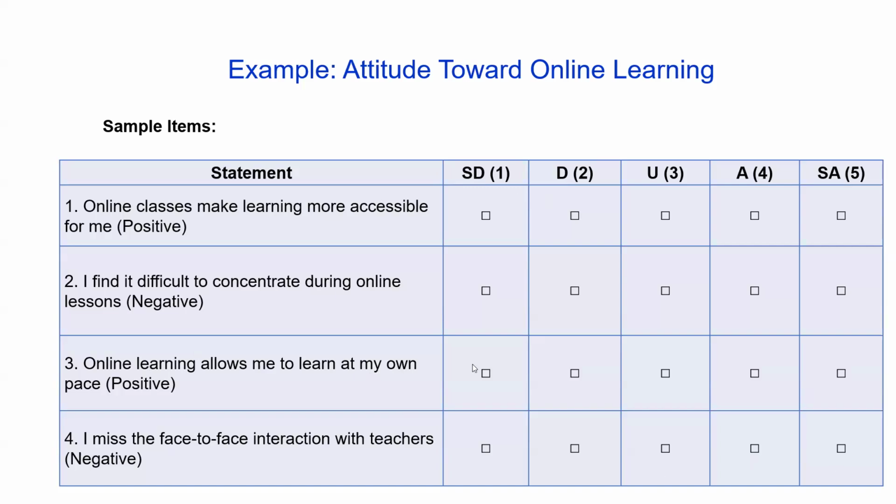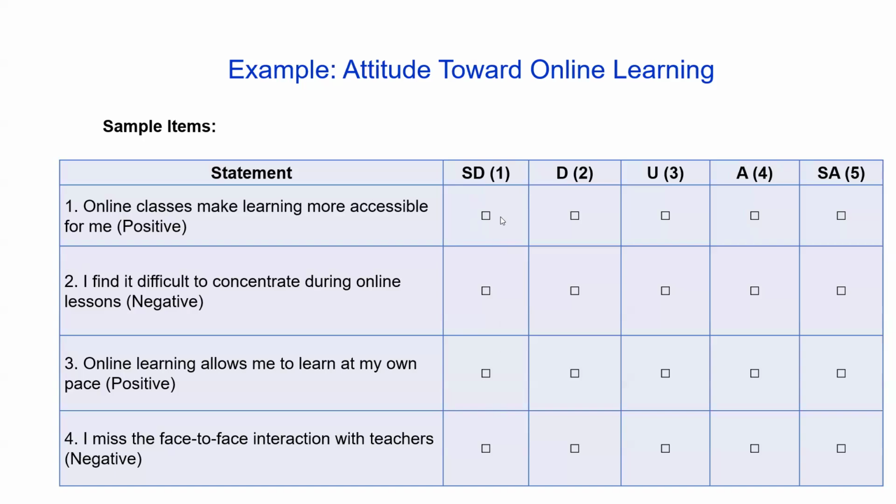Then here we have to write the total, and you have already given marks. Then you have to count all the totals, not for this, but for each statement across students' answers.